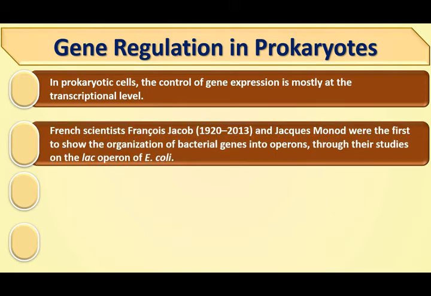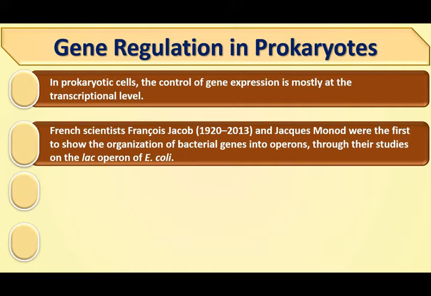French scientists Francois Jacob and Jacques Monod at the Pasteur Institute were the first to show the organization of bacterial genes into operons through their studies on the lac operon of E. coli.